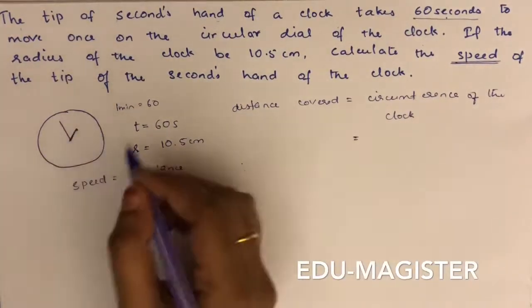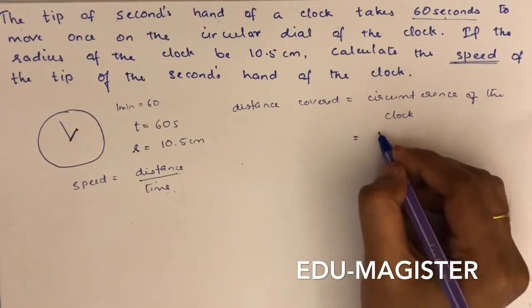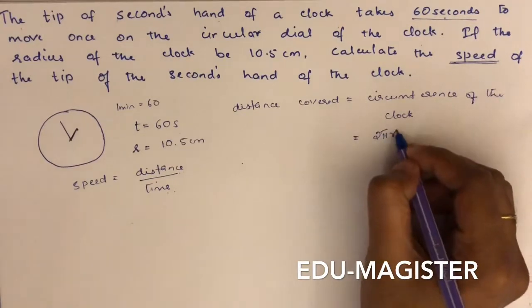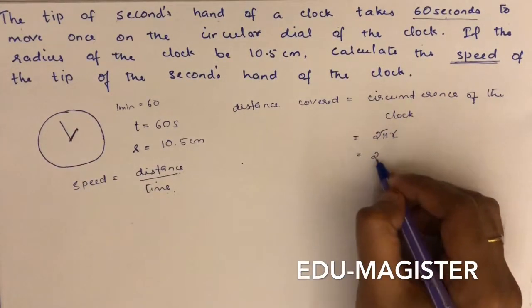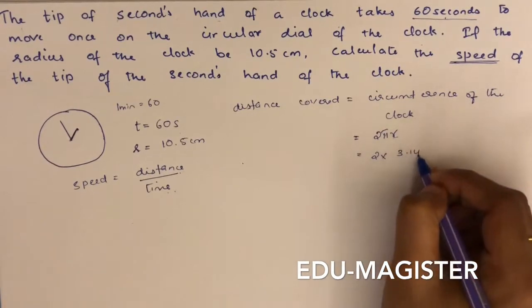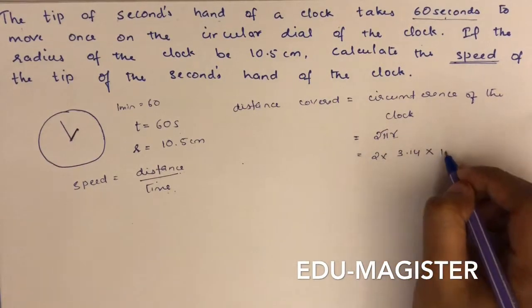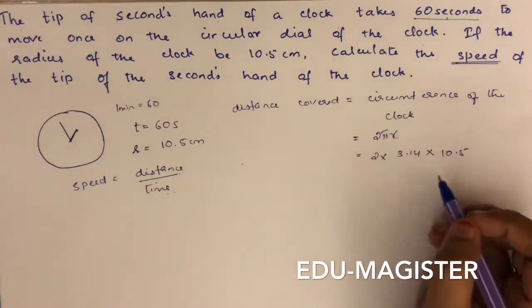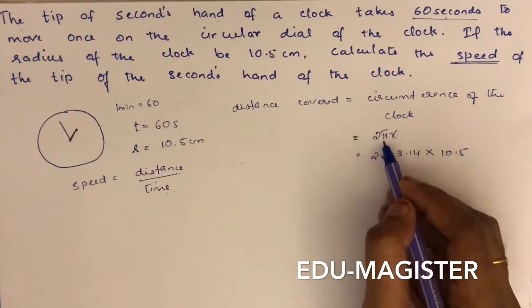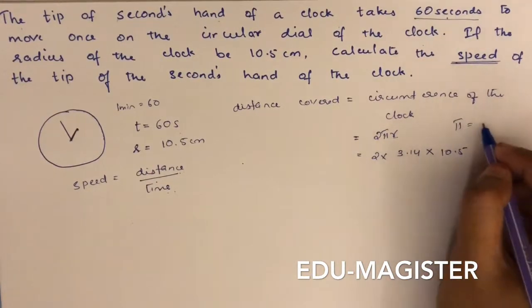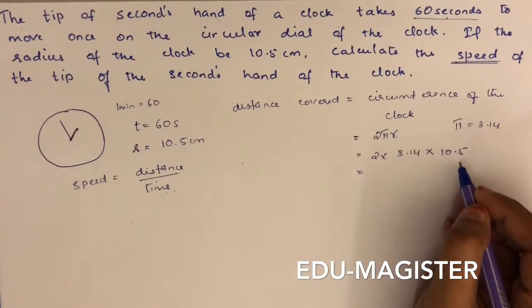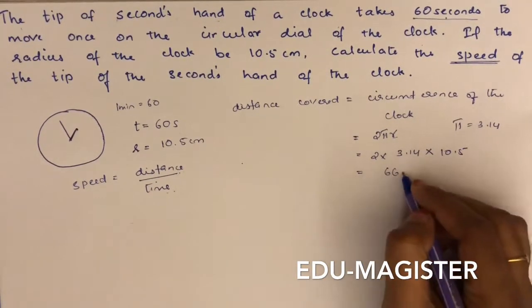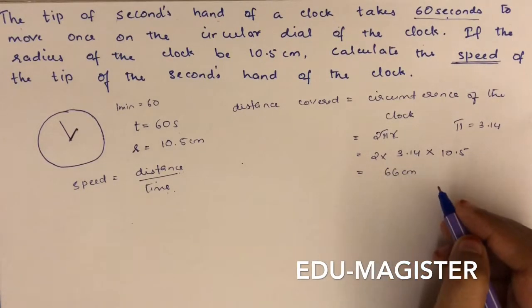What is circumference of the clock? Circumference of any circle is 2 pi r, and we have radius of the clock, that is 2 into 3.14 into 10.5 centimeters. 3.14 is the value for pi. This expression, if you calculate, we will get the answer as 66 centimeters.